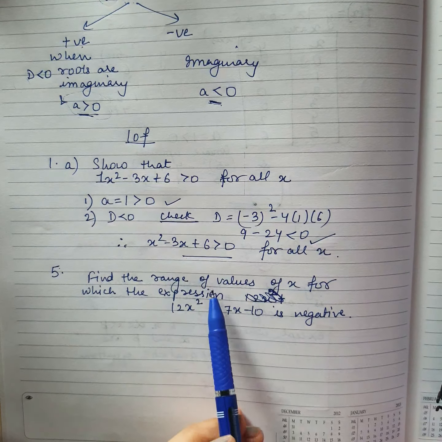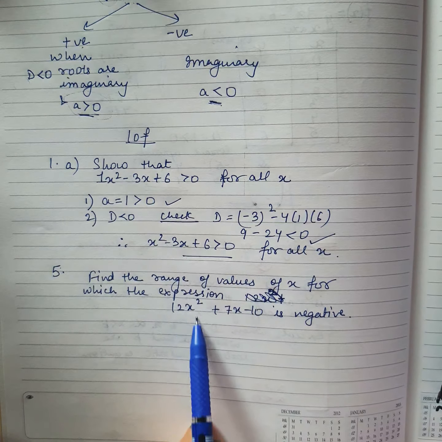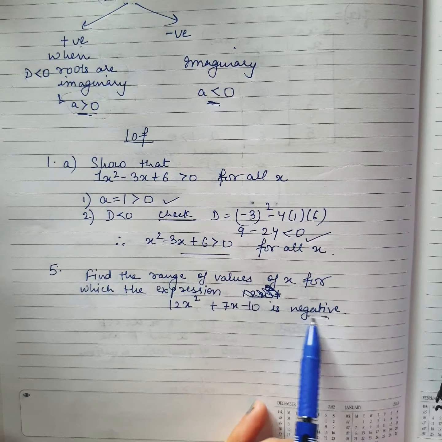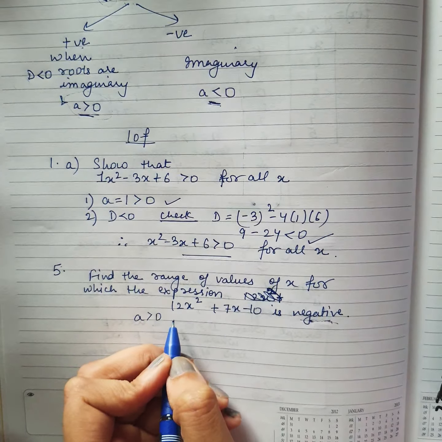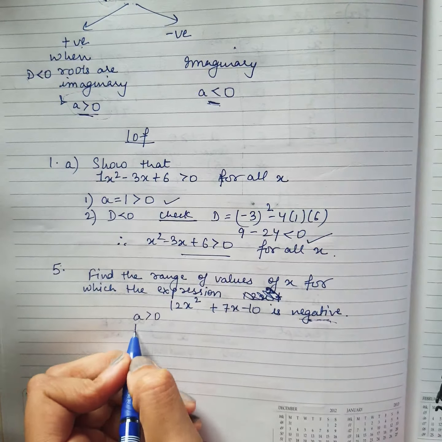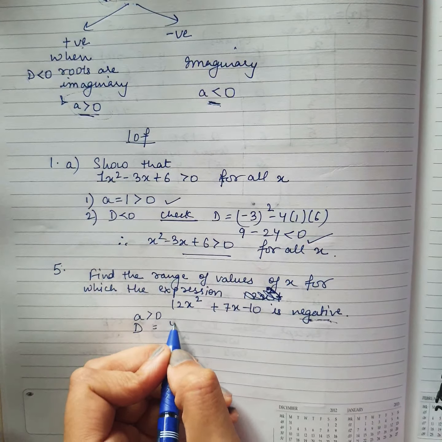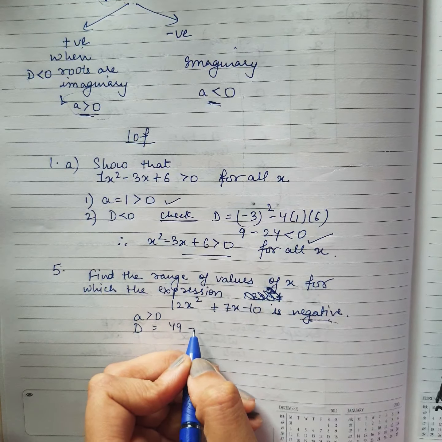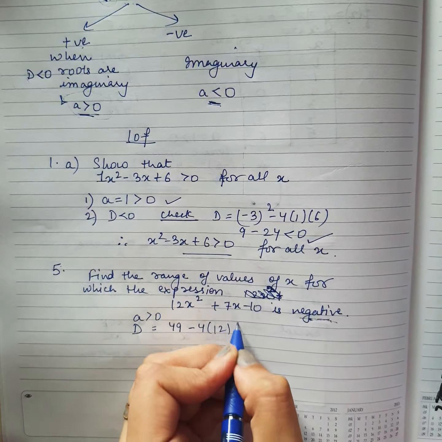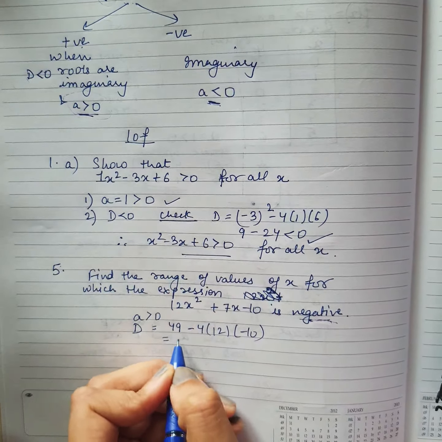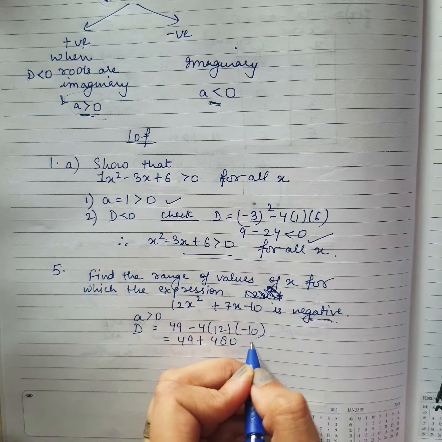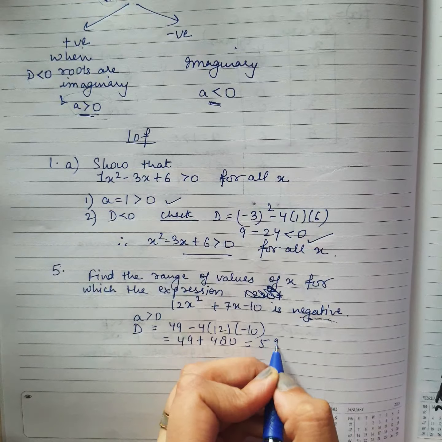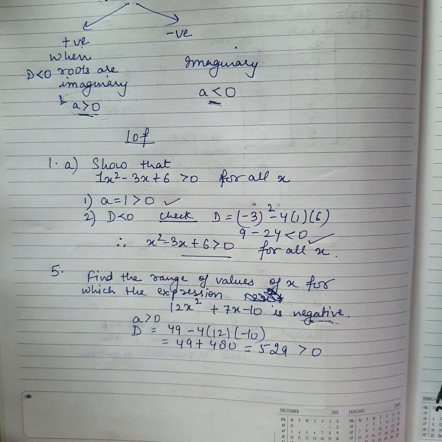Next question 5, find the range of values of x for which the expression is negative. So first of all, a is greater than 0. We need to prove it negative. Let us find the discriminant. B square minus 4ac, which is 49 plus 480, so 529, which is greater than 0.